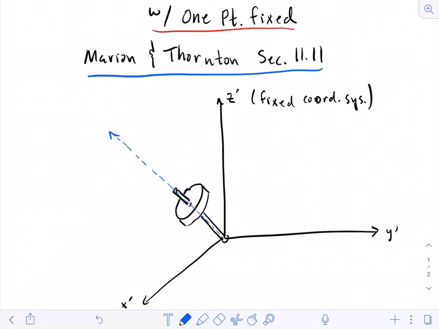And so we'll call this the z-axis, and this is our symmetry axis, which is in the rotating frame. This is also the axis that we called the e3 hat axis. So the third principal axis is along our symmetry axis.